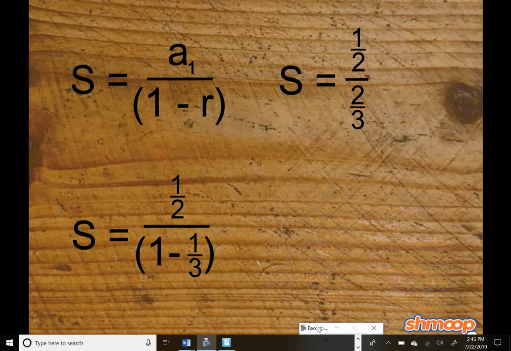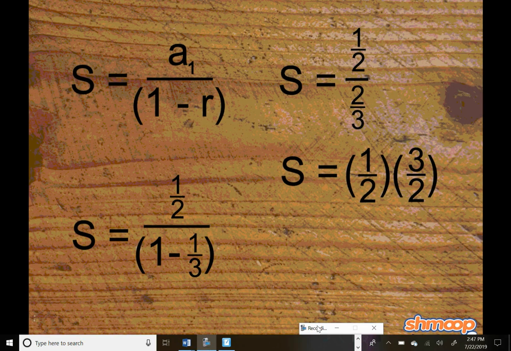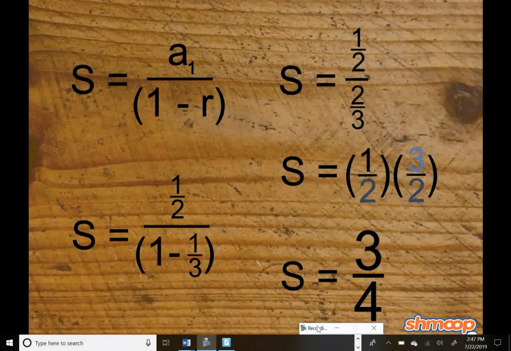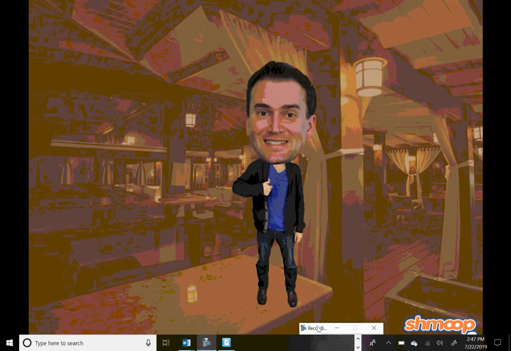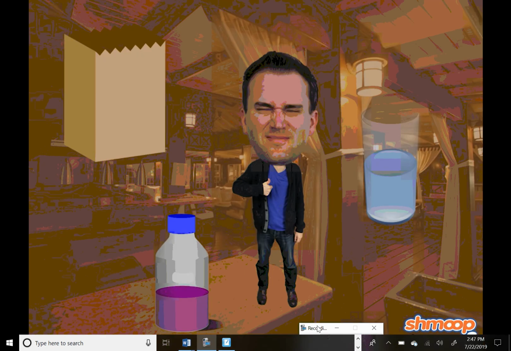Stop a sec, be sure you understand this. Instead of dividing 1/2 by that nasty fraction 2/3, let's multiply by its reciprocal 3/2 to get 1/2 times 3/2, or 3/4. There you go. That'll be 3/4 of a pizza. You can do that, right, Pepe? We have faith in you. Here's the water, and the Pepto-Bismol, and the barf bag.